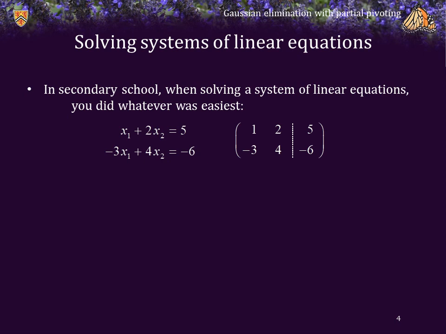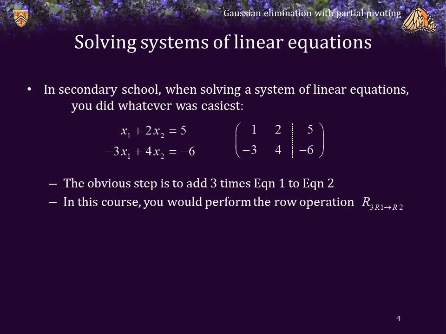So this is the same system of linear equations, but as an augmented matrix. And then what you do is you would add 3 times equation 1 onto equation 2, or equivalently, you would perform the row operation of adding 3 times row 1 onto row 2.